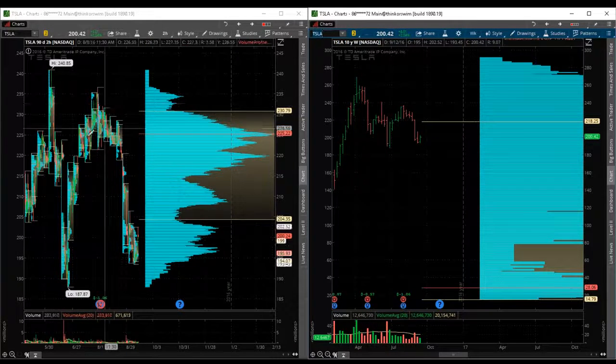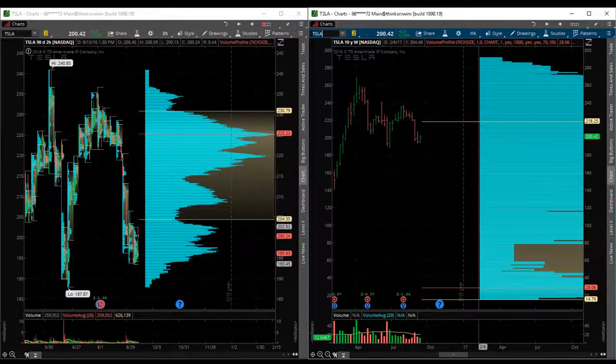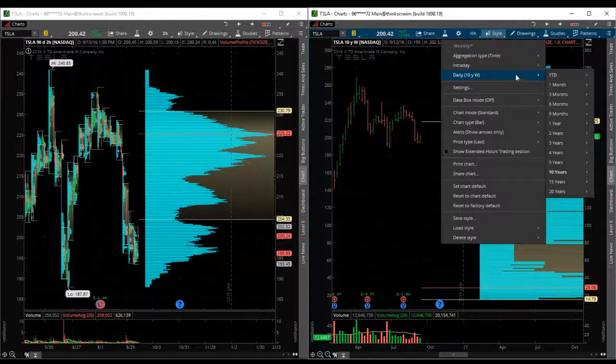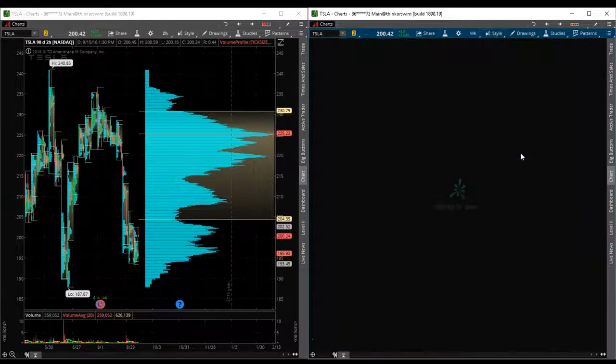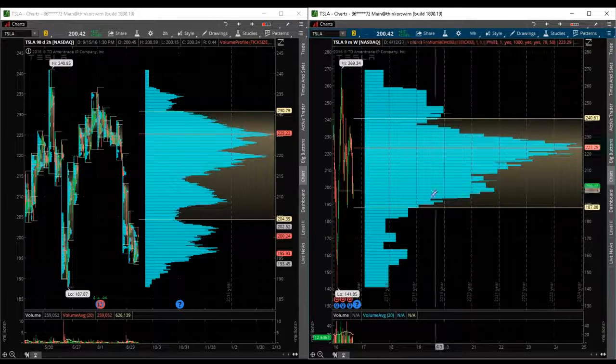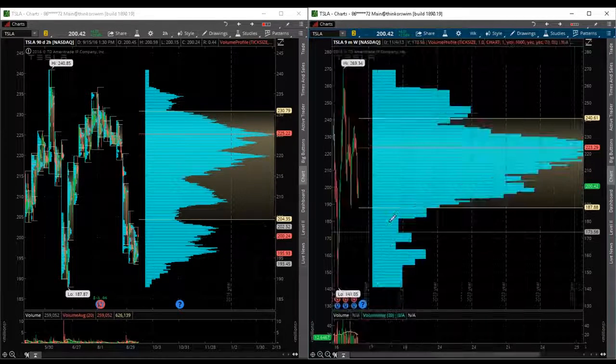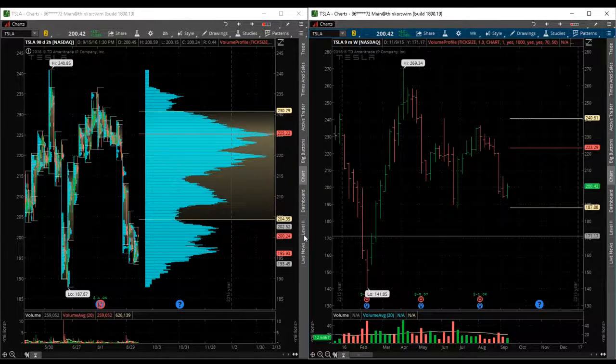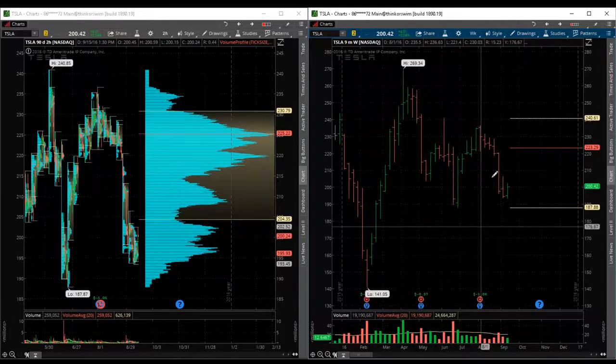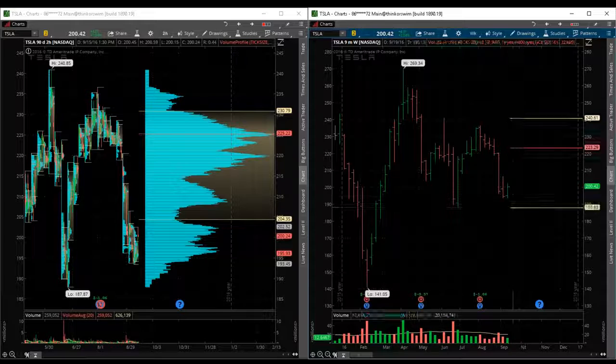Look how much more data and idea that you have here. Let me do one more tweak. Get these really close. Okay, look how much more you have to work with the profile than just a weekly candle.